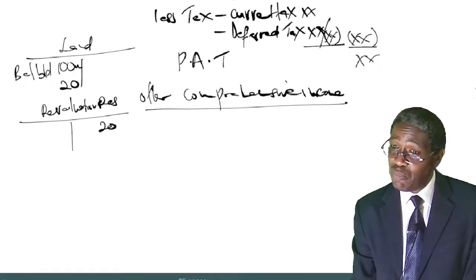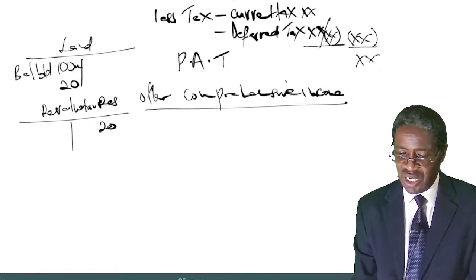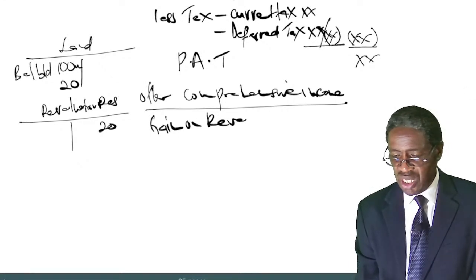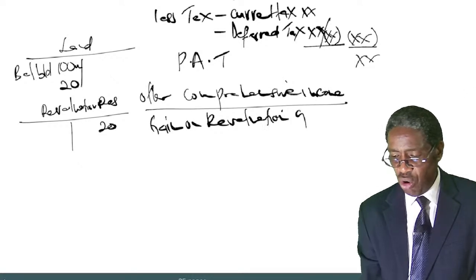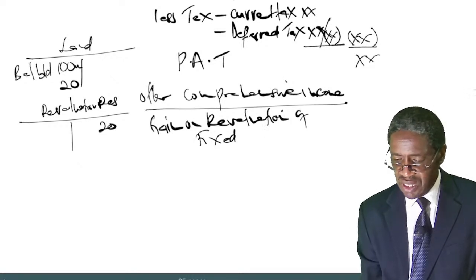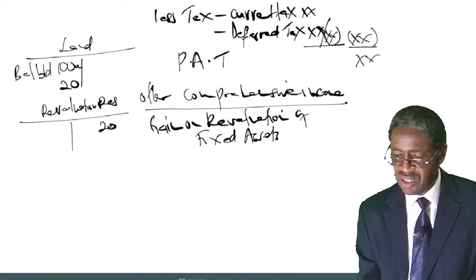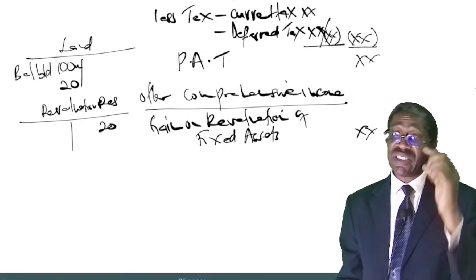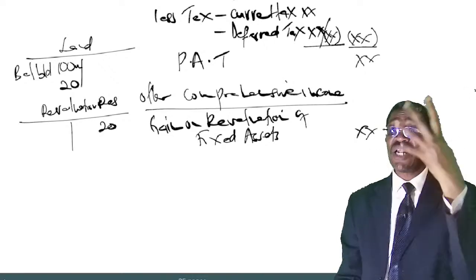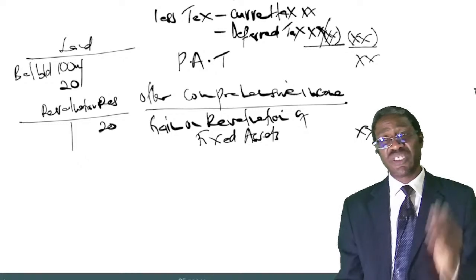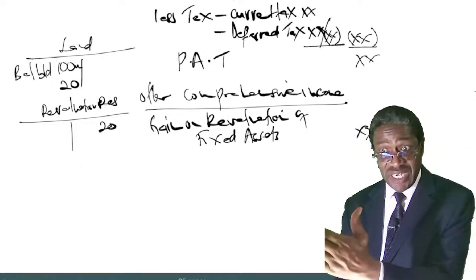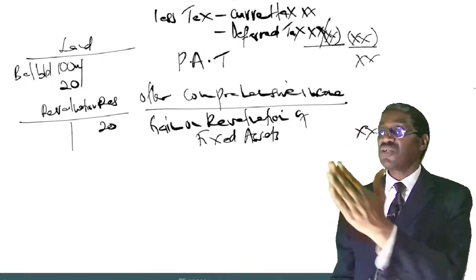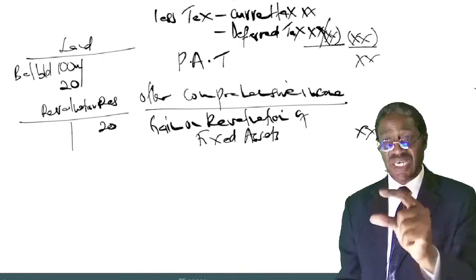So one example of other comprehensive income here could include gain on revaluation of fixed assets, or what you can call non-current assets. When you revalue your non-current assets like machinery, motor vehicles, land, buildings, you normally don't debit land and credit P&L. No. You normally debit land and credit revaluation reserve. But is it a gain? Yes.